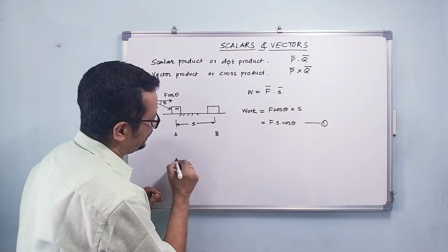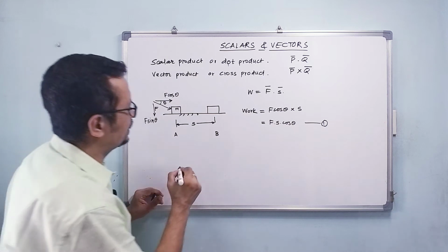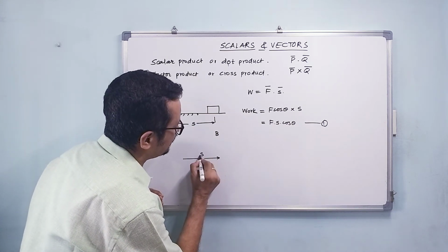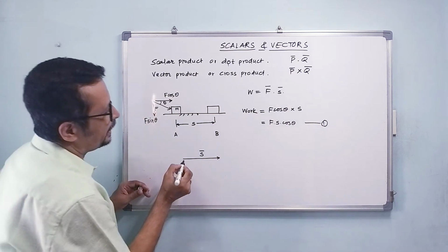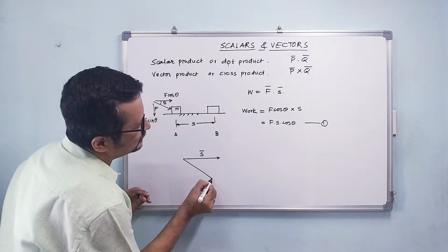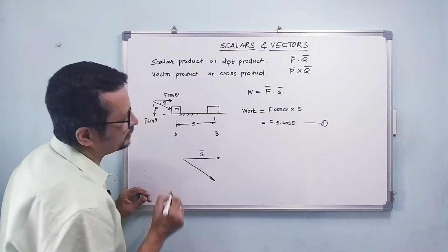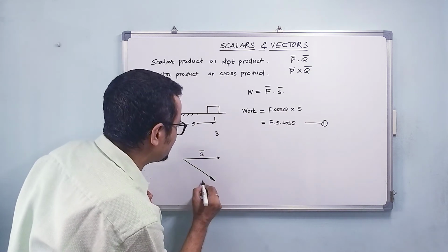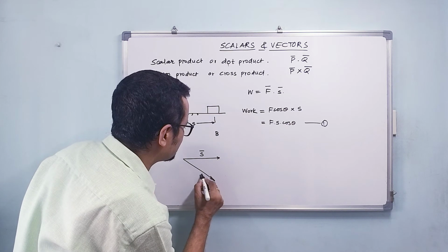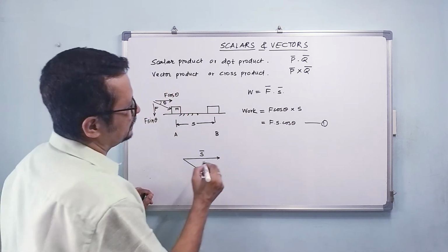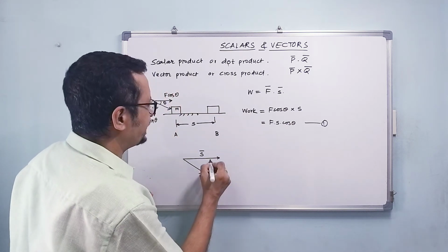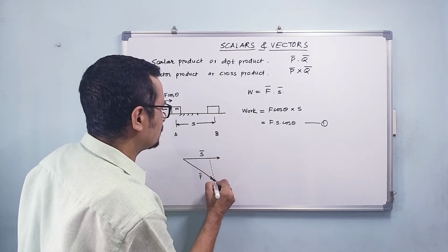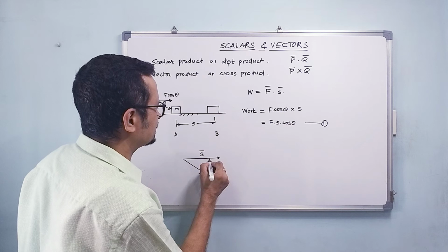have the same scenario here. This is my displacement S bar, and this is my force acting here, correct? This is my F bar. I'll take this component of F along this direction.